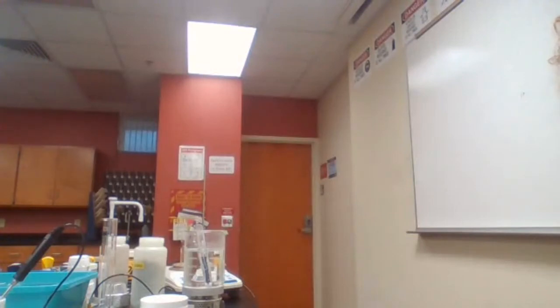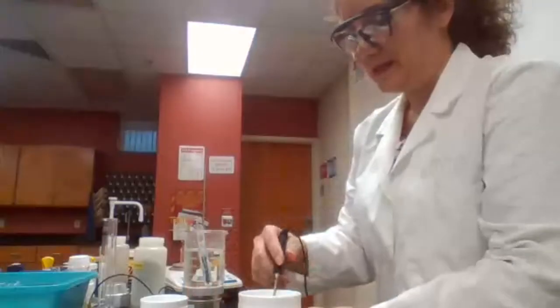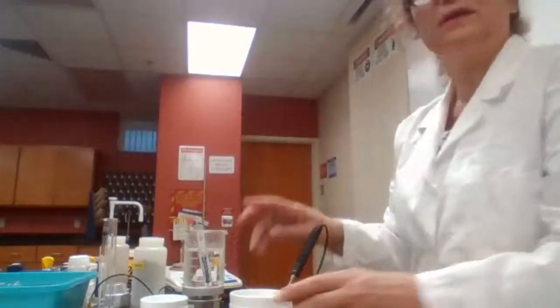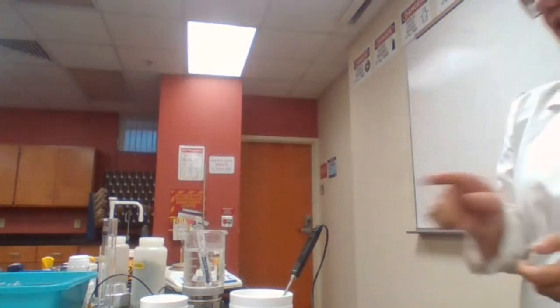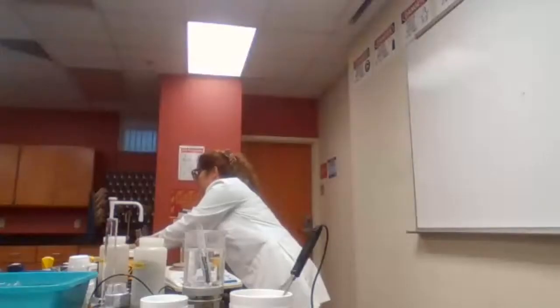And then E, initial temperature for water. Initial temperature for water is going to be, first, based on the procedure, we are going to take 100 milliliters of water, 100 milliliters of water.